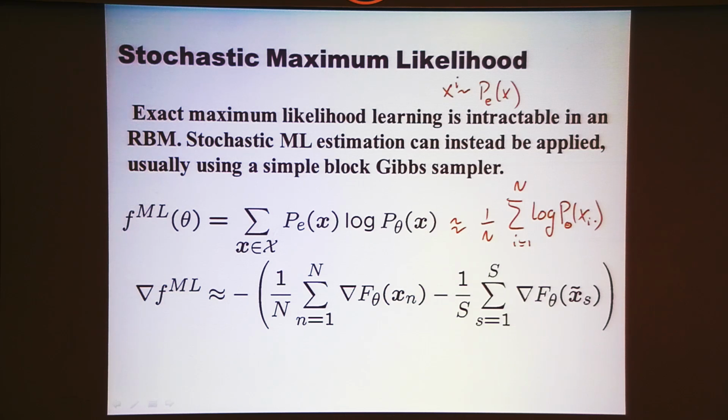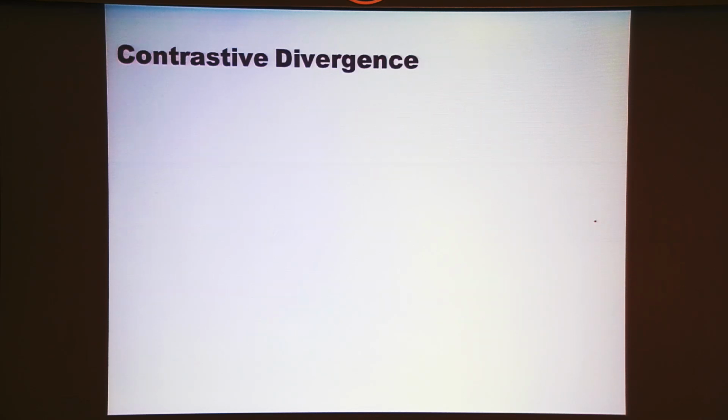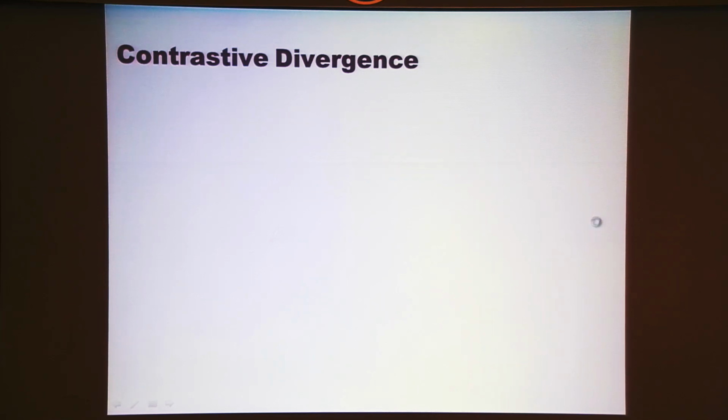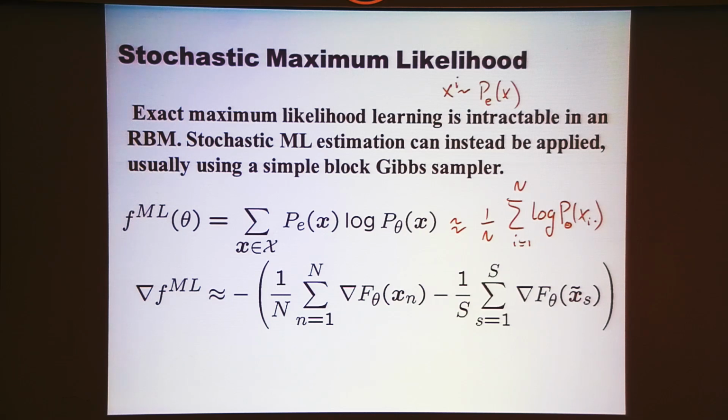But we've already seen that if we learn online, we don't need all the samples, we only need one sample. So stochastic maximum likelihood with one sample is essentially the algorithm I derived before. And the way we draw the samples is by running a Markov chain.